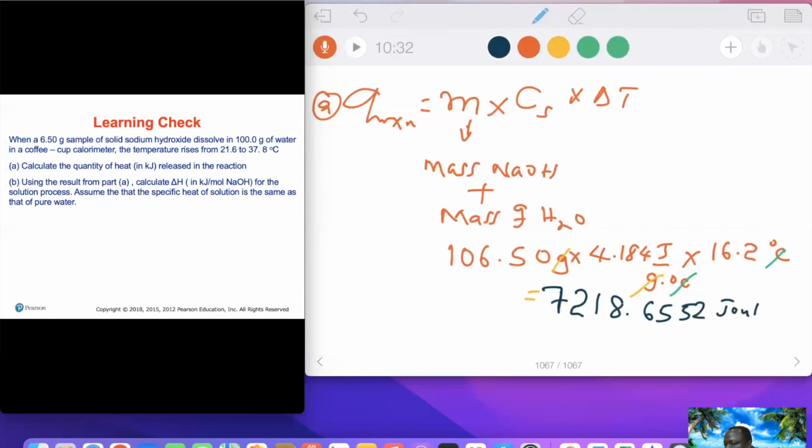This is more than what we need. From the first number here, we need 3 significant figures. If we divide by 1,000, it's going to be 7.21.